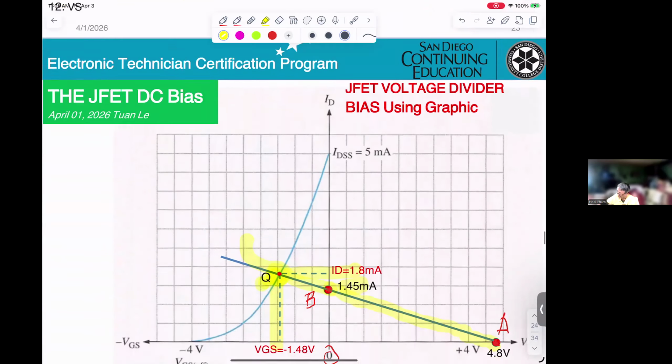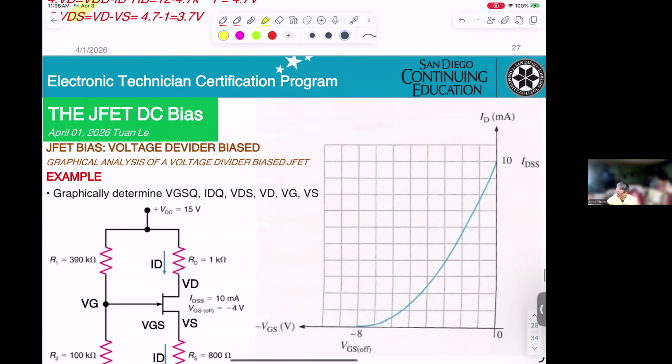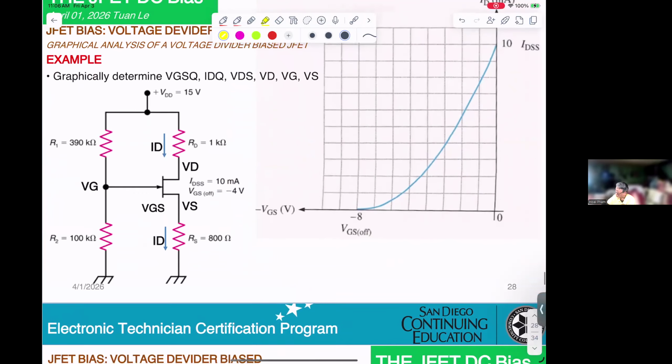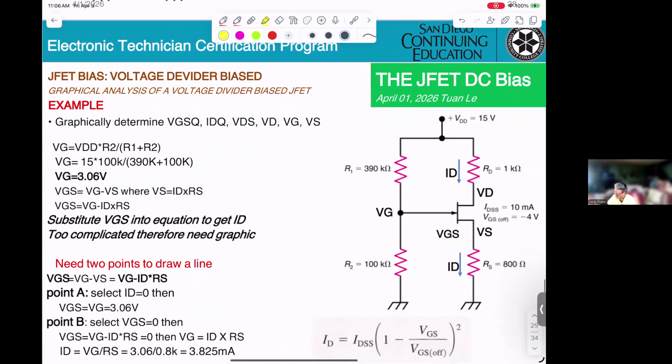If you can understand that, then you will be able to work on it. Graphically determine VGSQ, IDSQ. It is not easy to calculate voltage divider: VGS equals VG minus VS, where VS equals ID times RS.